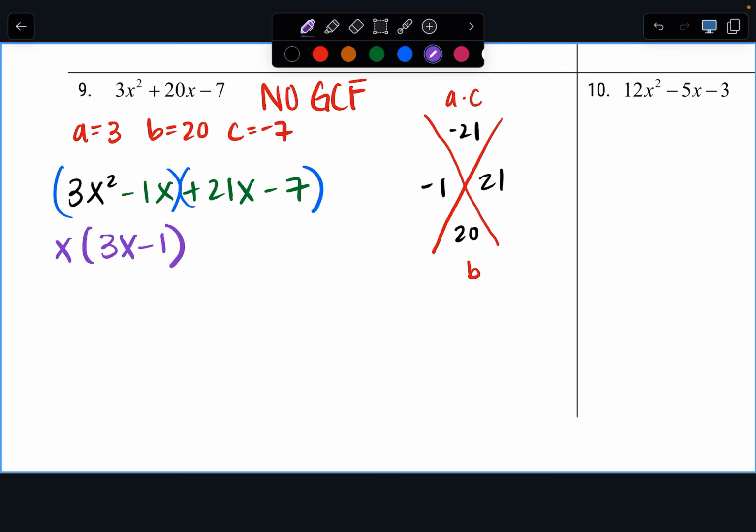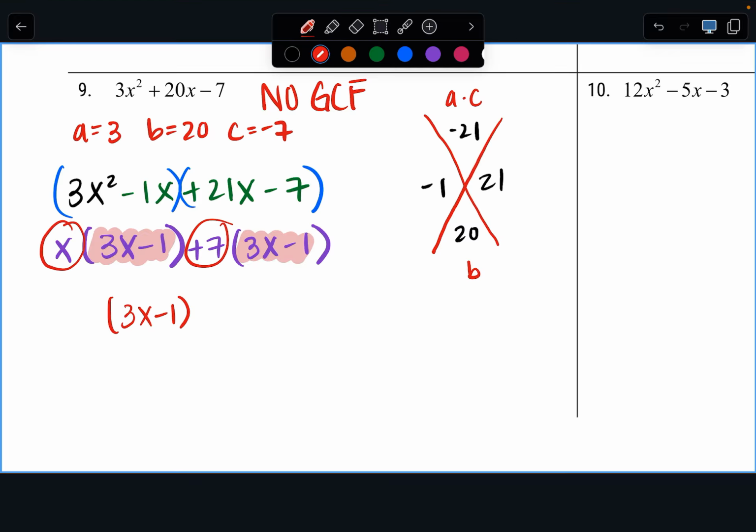In this case, you should have pulled out a positive 7. And then we would have 3x minus 1. Your first factor comes from your parentheses, so 3x minus 1. Your second factor comes from your GCF, x plus 7.